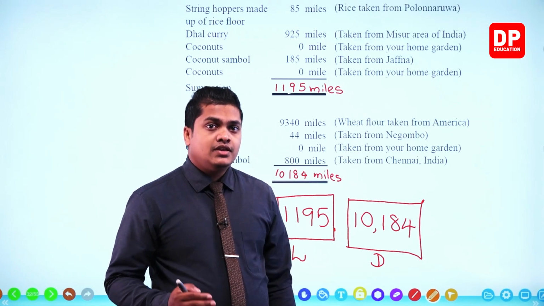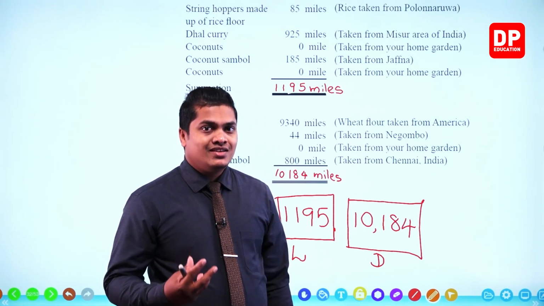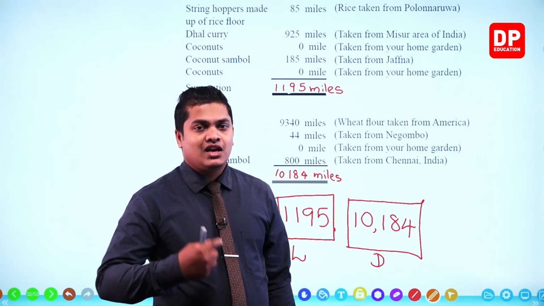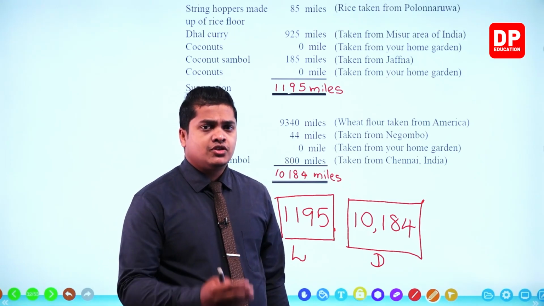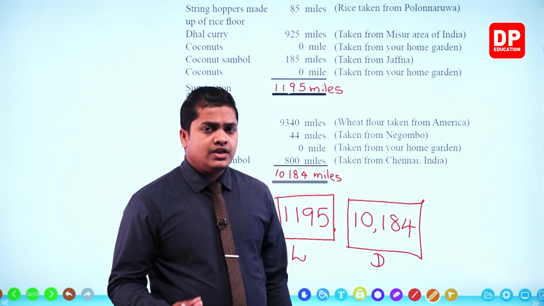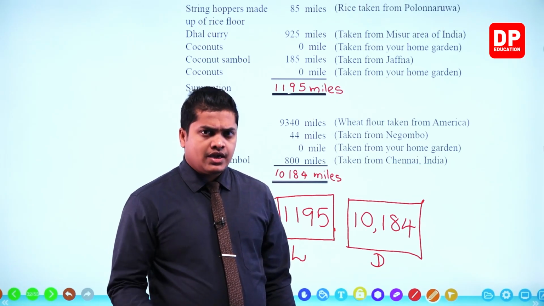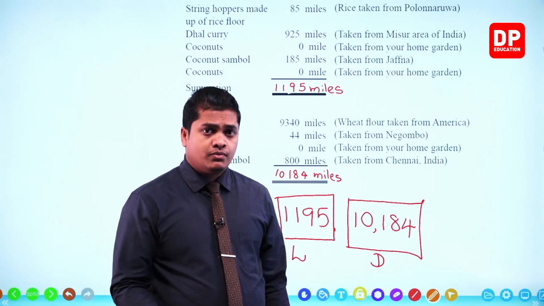So when these things increase gradually, it's very clear that sustainable development is definitely going to reduce. Higher the food mile, higher the emission of carbon dioxide; higher the food mile, higher the usage of natural resources; higher the food mile, higher the water footprint, higher the carbon footprint.